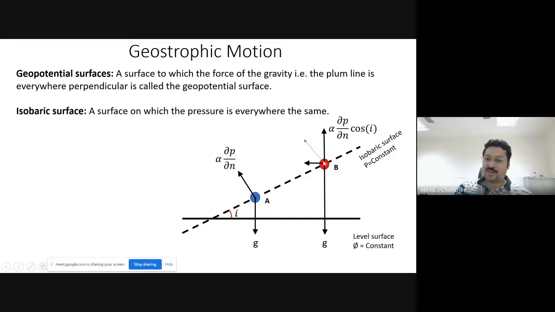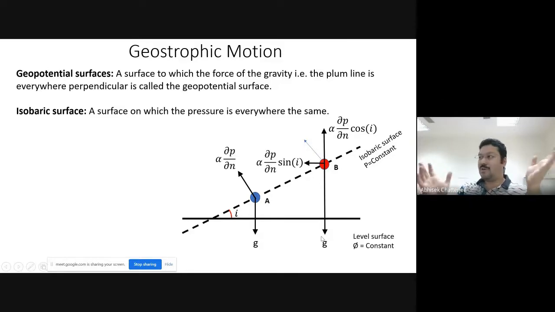Because this blue vector is perpendicular to this line and this vector is perpendicular to this line, phi equals constant. As I said, the angle between them will also be equal to I. If this is the angle I, then you get cos I and the other one you get as sin I. Fine. So what is happening is that alpha del P del N cos I is now balancing G.